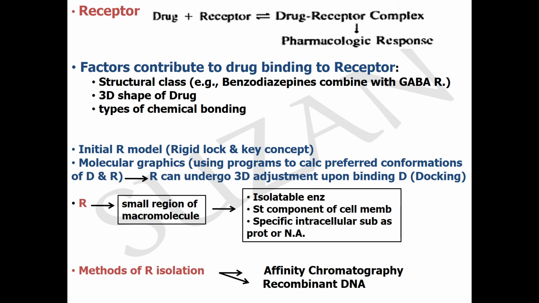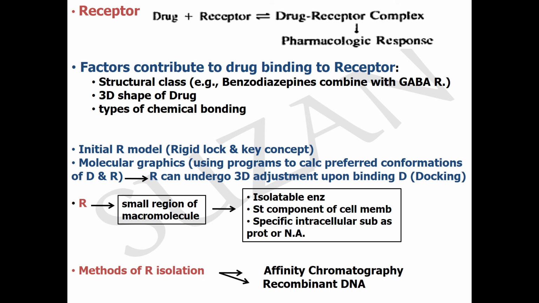The initial receptor model is considered to be a rigid lock and key concept. However, the newer aspect of the receptor is a flexible model whereby, using molecular graphics and computer programs, you can calculate the preferred conformations of both the drug and the receptor.